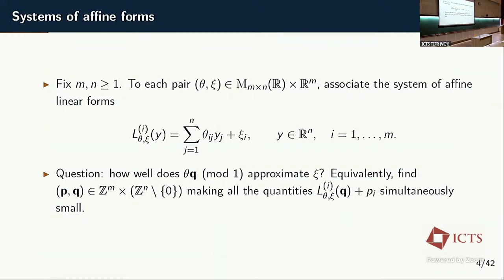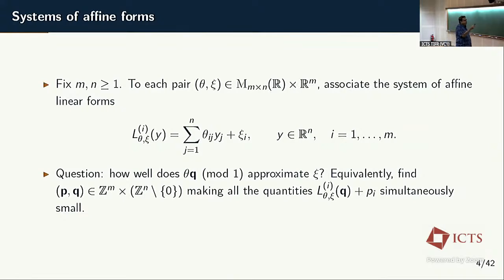Okay, so let me scale up this problem. Rather than looking at one integer, one real number theta and a shift, I'm going to take a pair, theta comma c. This is my general setting. The number theta is replaced by an m cross n matrix theta, and the shift is replaced by a column vector, an m cross 1 vector, c.